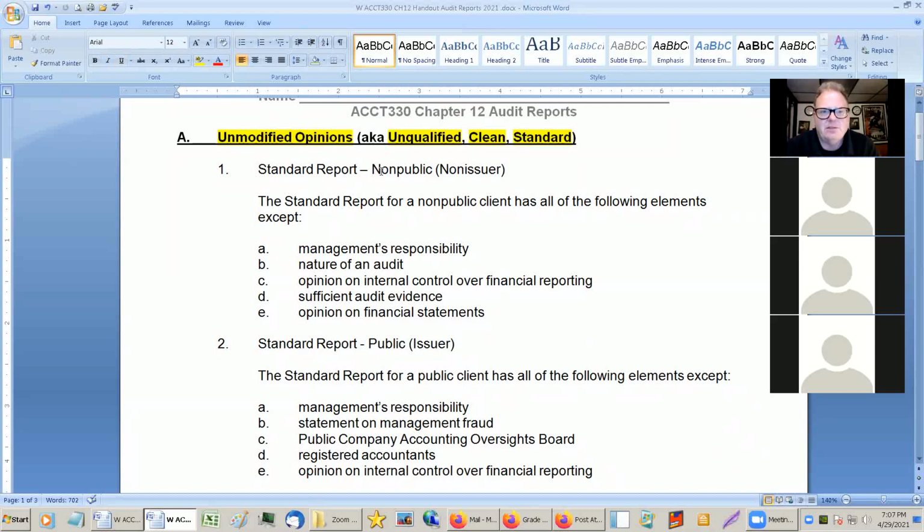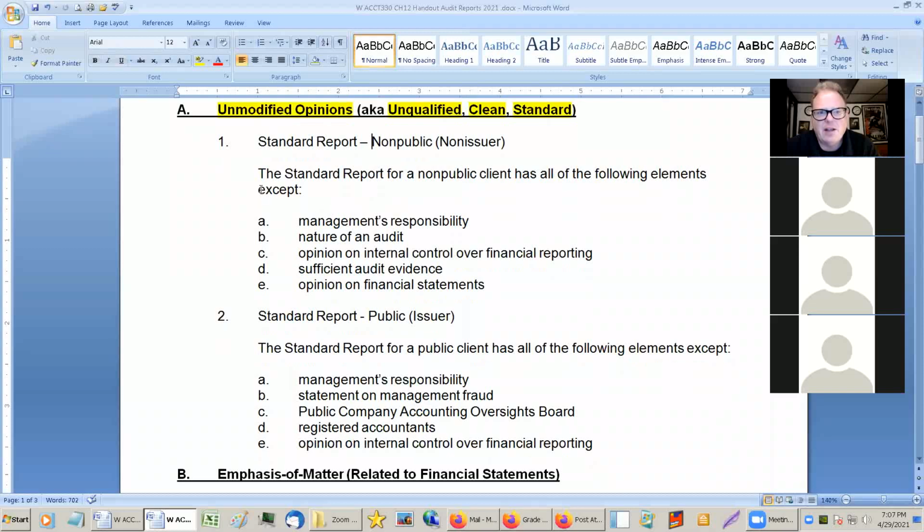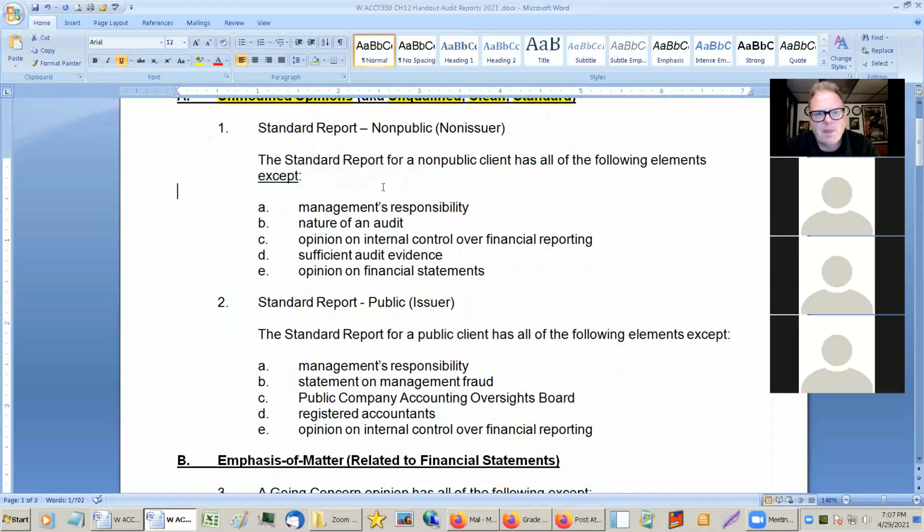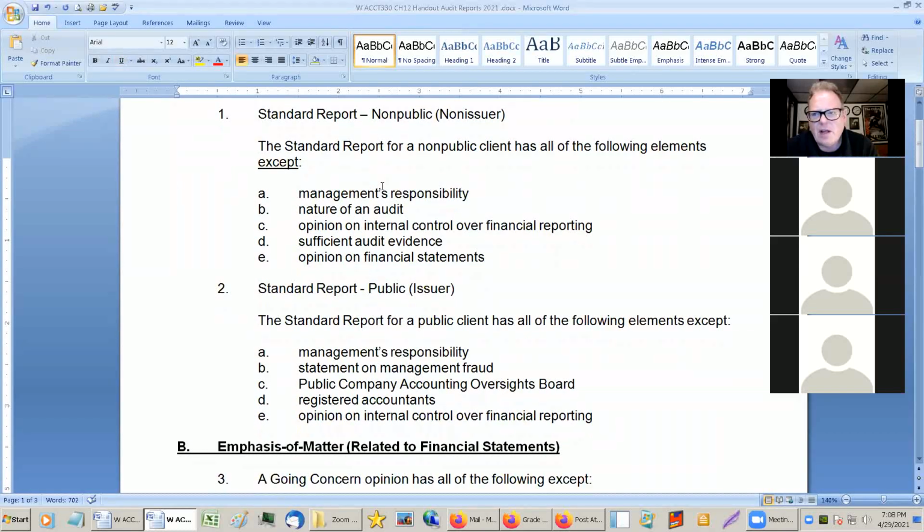And it has all of the following elements except, and there's one thing on there that we do not do for non-issuers, non-public clients. Anyone?